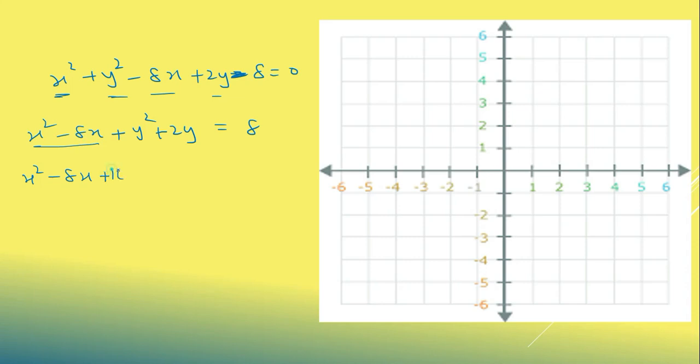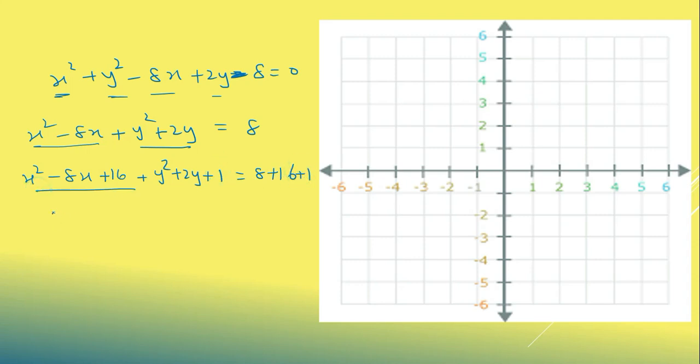So I add 16 here. At the same time we add 16 to the right side, and complete the square for the second two terms, y square plus 2y. To complete the square, the term to be added is 1. Similarly, add 1 to the right side.